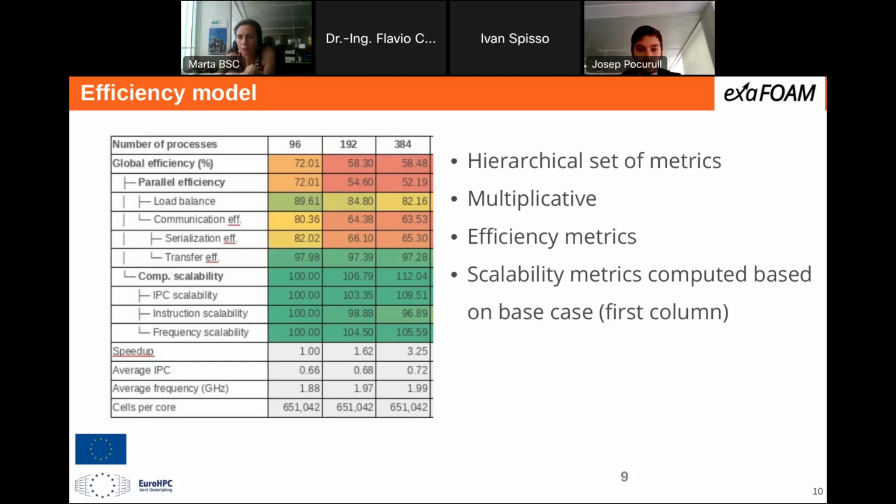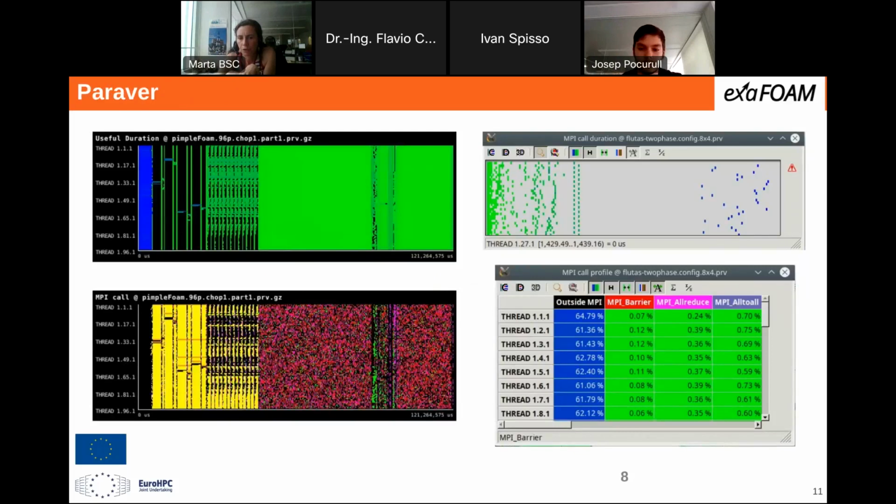So next, please. When we analyze with Paraver, as I said, we have different kinds of views. The ones on the left-hand side of this image are timelines. Timelines represent part of the execution. In the x-axis, we have the time, and in the y-axis, we see the different objects.